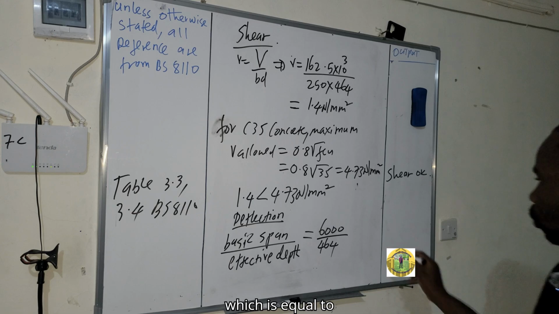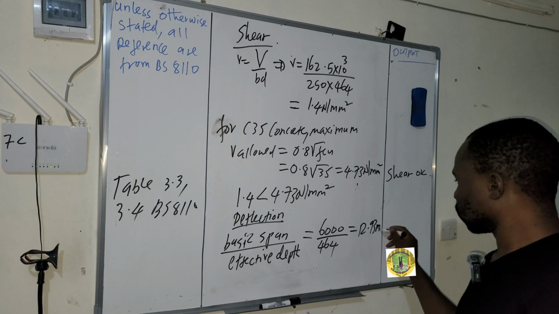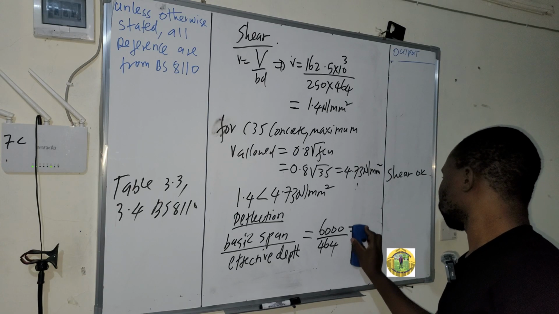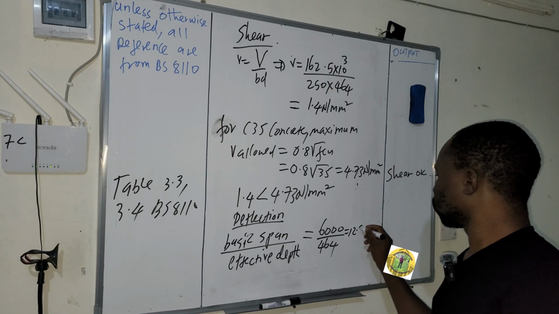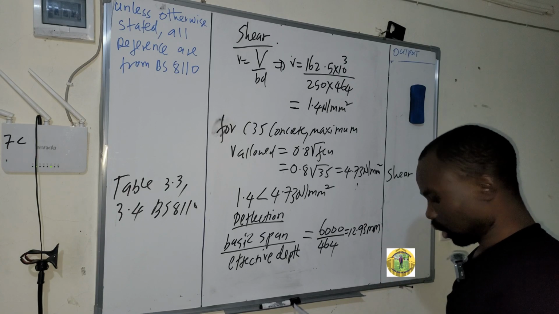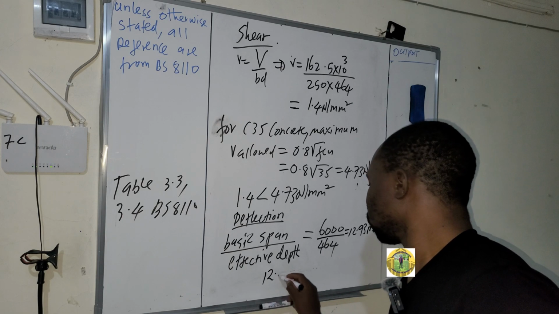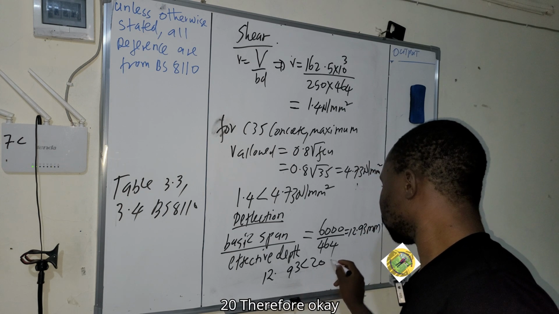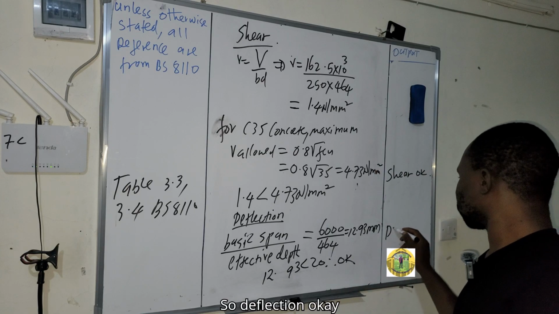So which is equal to 12.93. So this one is okay because 12.93 is less than 20, therefore okay. So deflection okay.